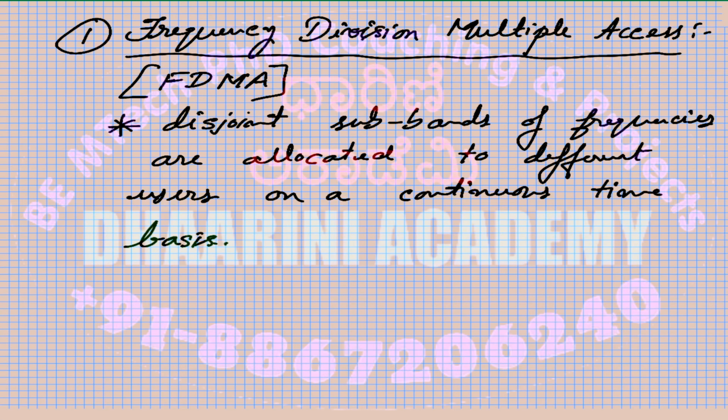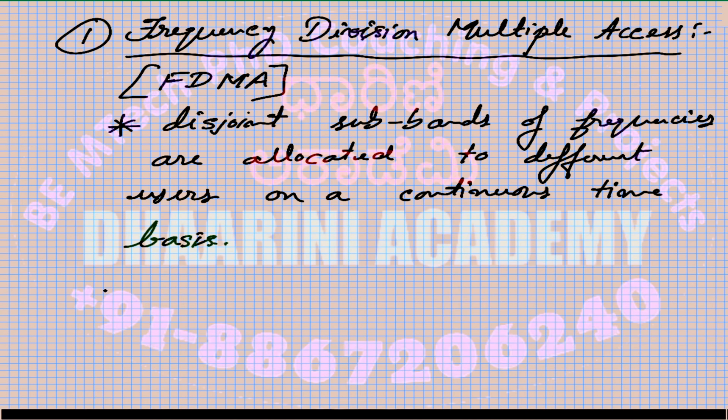So just to avoid that, to reduce the interference between the users allocated adjacent channels, present channel and the next channel, we try to introduce what is called a guard band. It's going to act like a buffer zone, and in the buffer zone, communication is not allowed.